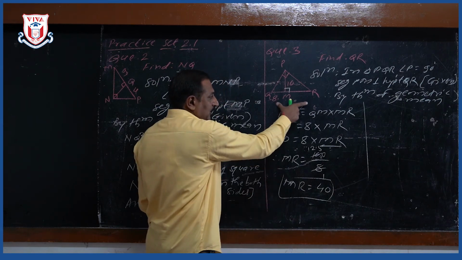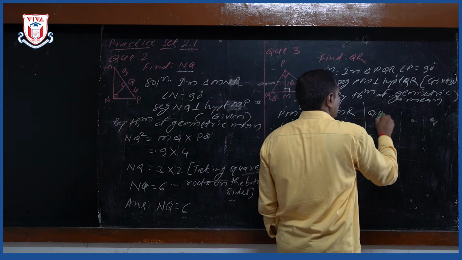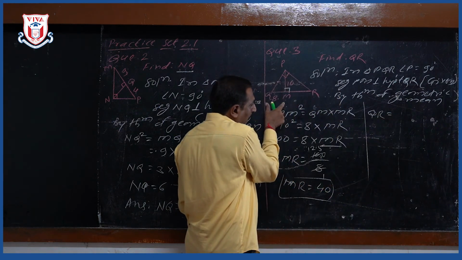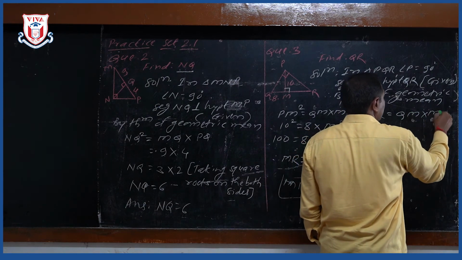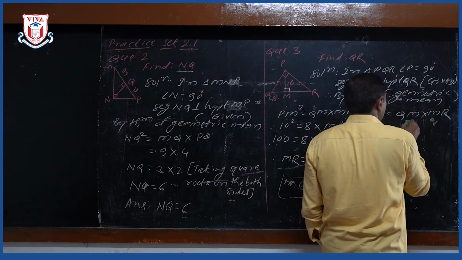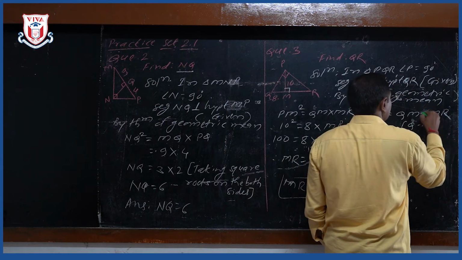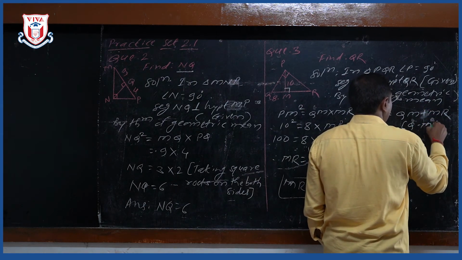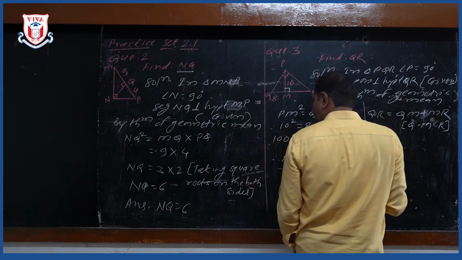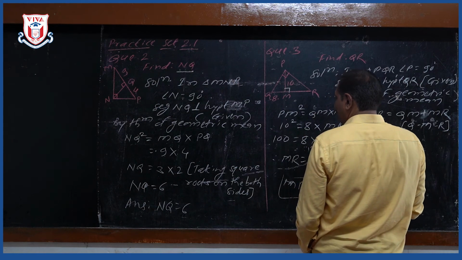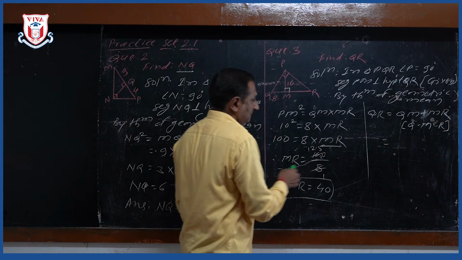Now QR, this total QR is equal to QM plus MR, QM plus MR, by betweenness of Q, M, R. Now you substitute the values. QM, how many? QM is 8.